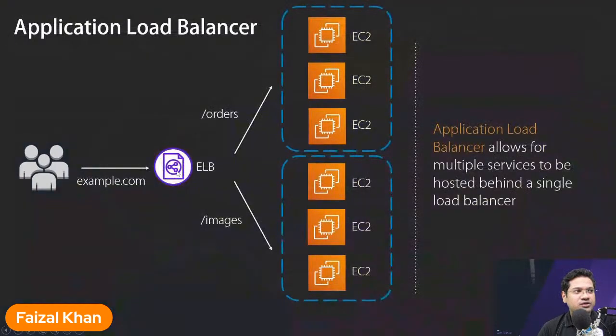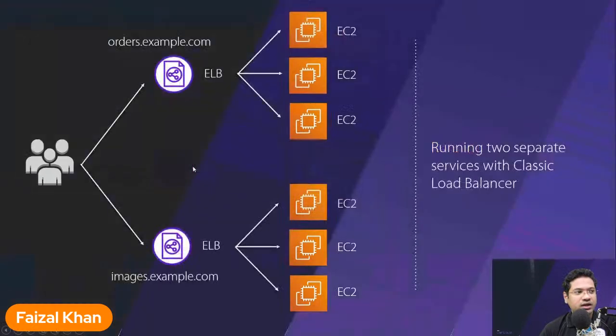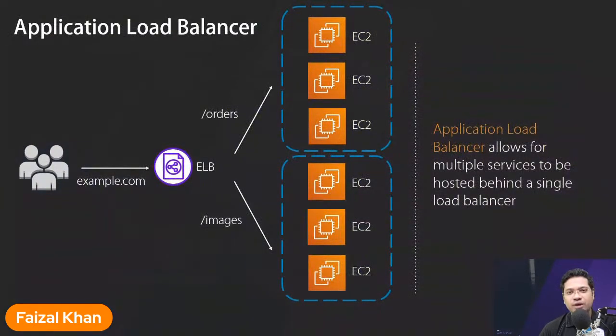However, the application load balancer, which is actually the next one after the classic load balancer got released, works on layer 7, which means it is able to see what the user is requesting. Remember, I told you the classic load balancer doesn't really care about what traffic it is. Whatever traffic comes to it, it'll just split it and send it across. But with the application load balancer, it has a little bit of intelligence, which means it can see what traffic is being requested.